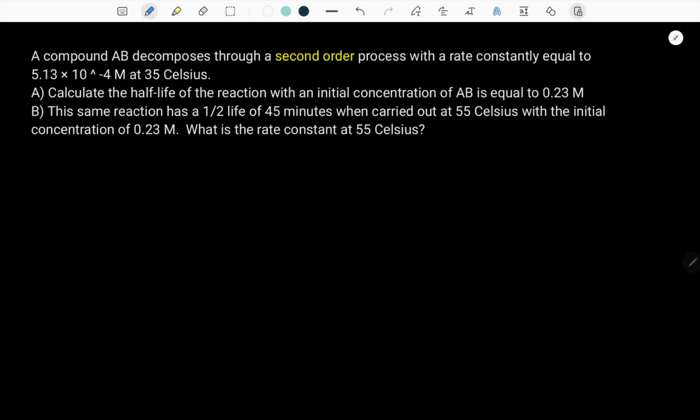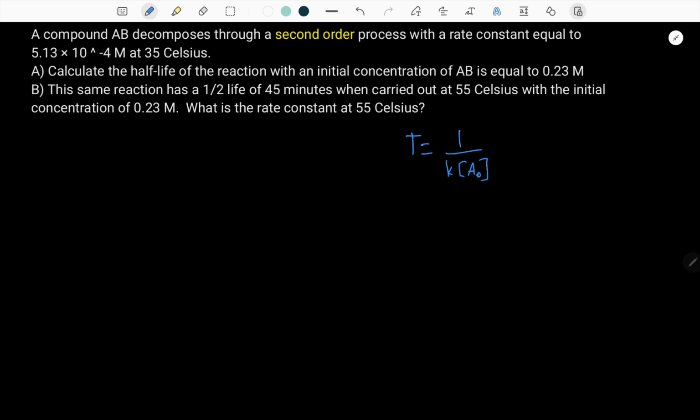So in this question, it is a second order process, so you always have to check which order it is first, and it has given you the rate constant, which is equal to 5.13 times 10 to the power of negative 4 at some temperature, and now it's asking you to calculate the half-life with the initial concentration of AB equal to 0.23. So now let's write the formula first. This is the formula for second order.